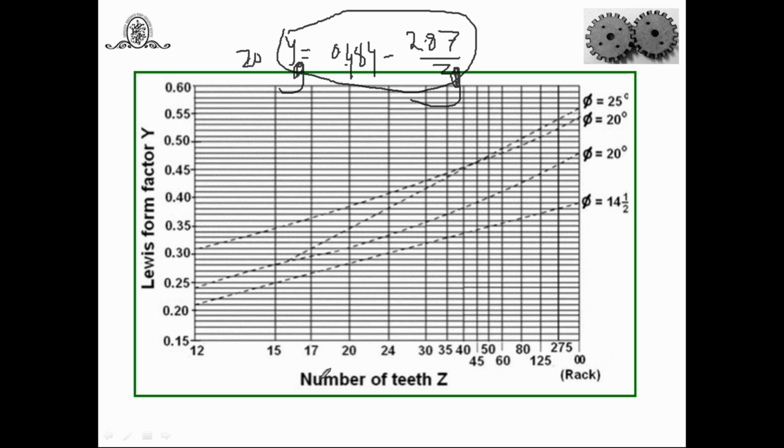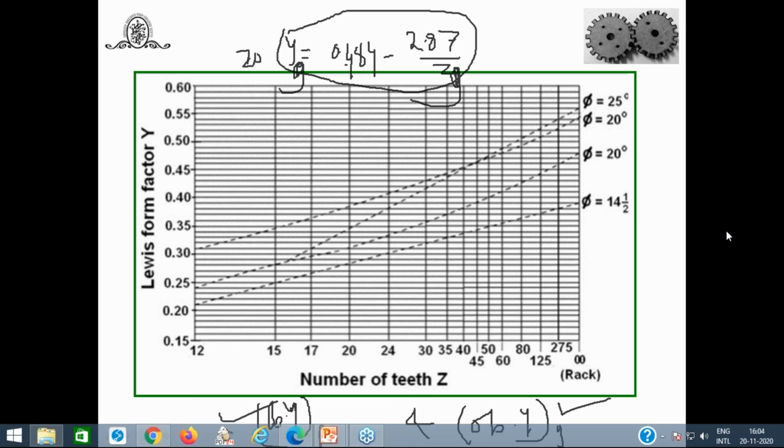In this way, you can then use the relation sigma B into Y for pinion, and another one, sigma B into Y for gear. Based on that, you can check whether this value is more or this value is more. And for different materials used for pinion and gear, we have to decide whether the pinion is weaker or the gear is weaker.